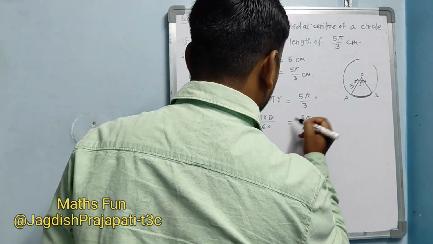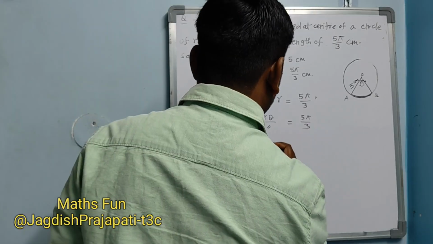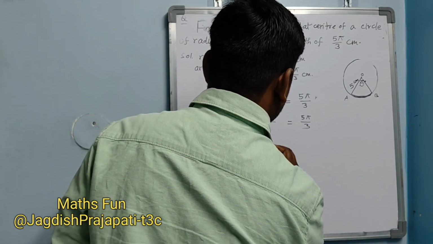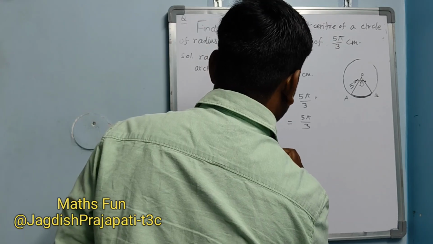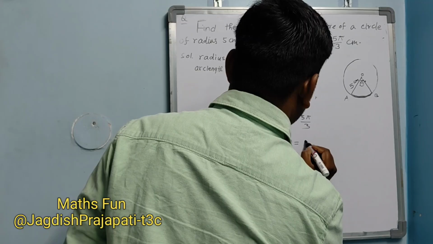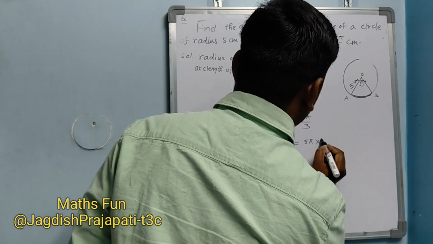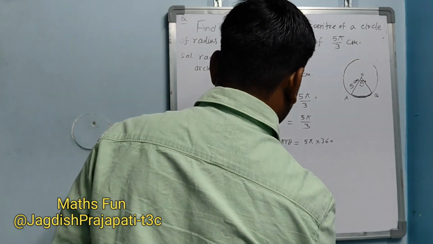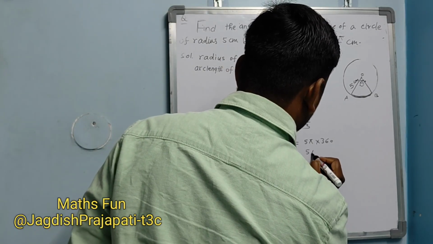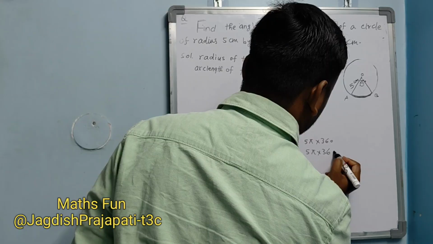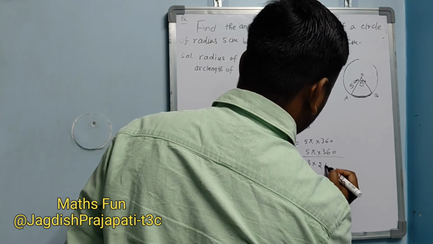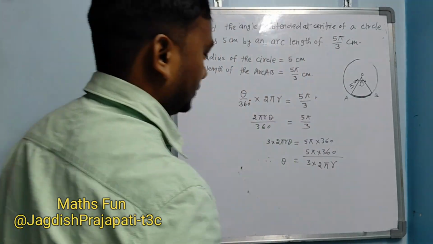So this will be 3 into 2 pi r theta equals 5 pi into 360, and therefore theta will be 5 pi into 360 by 3 into 2 pi r.